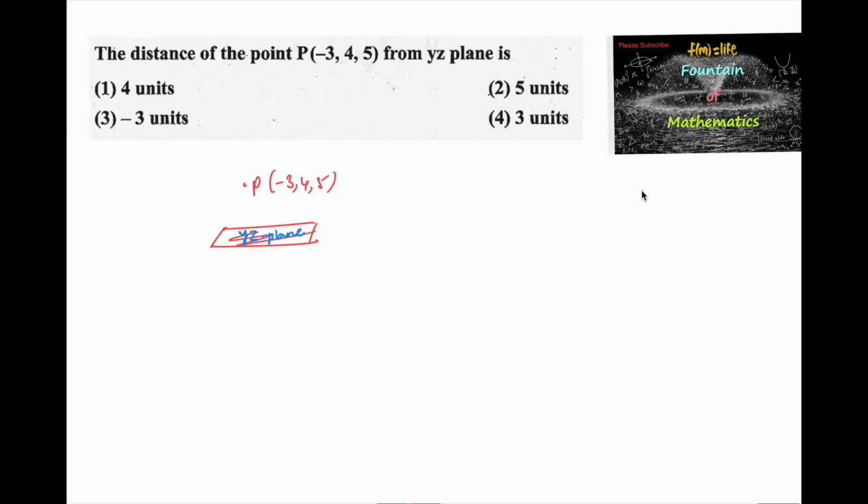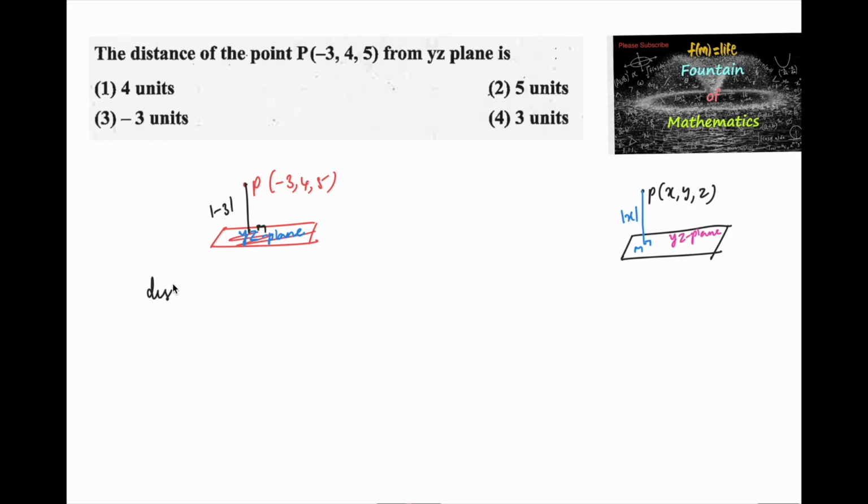We know that from any point P(x, y, z), the distance to any of the planes, say here the YZ plane, the perpendicular distance from the point to the plane is given by mod of x. So here also we can say the distance from the point P whose x coordinate is -3 to the yz plane can be taken as the mod of -3.